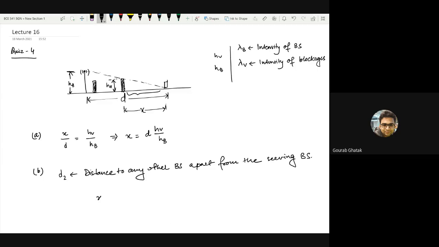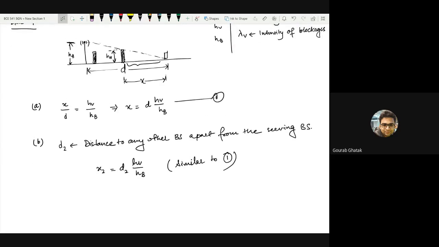Then it has a corresponding x2, which is d2 times hv by hb, similar to part 1 above. And you can start by assuming that this base station is not blocked, right? And that means that from this user, within x2 there is no blockage.